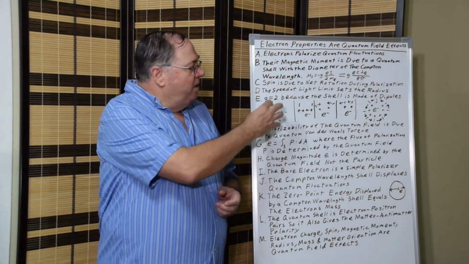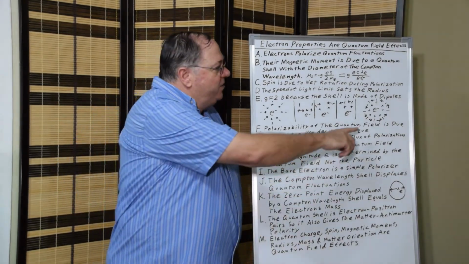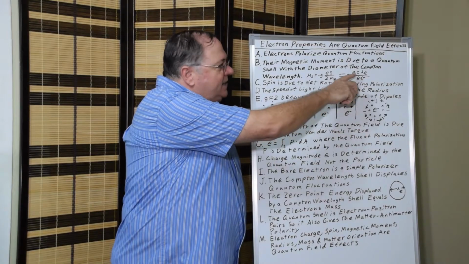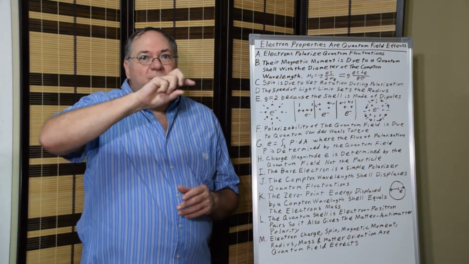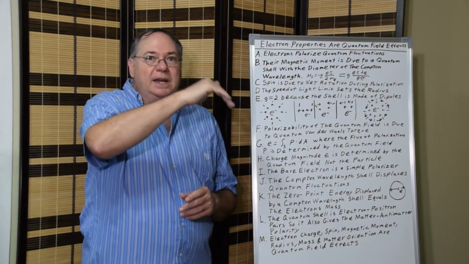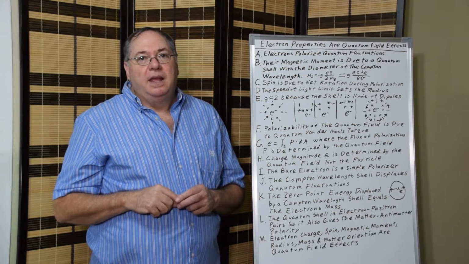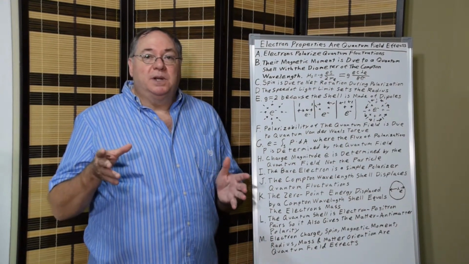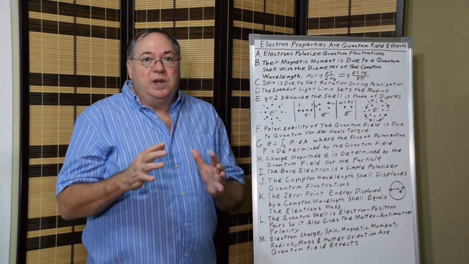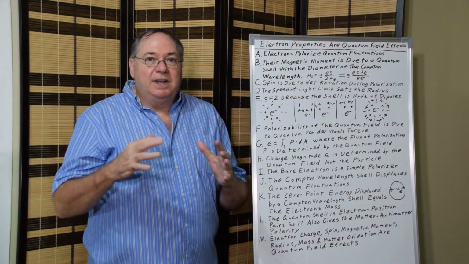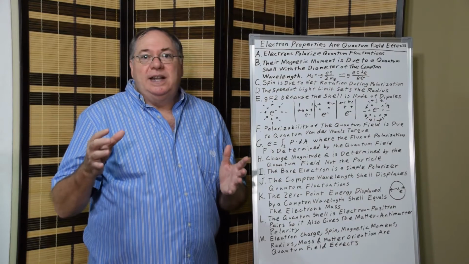I also skipped over when I was talking about the rotation. Note that the rotation is c, the speed of light. That means that these dipoles, when they rotate, have a tip speed around the equator equal to the speed of light. And so, of course, they can't go faster because they're regulated by the rest of the quantum field. So the electron can't get bigger, because if it got bigger and was rotating at the same rate, it would exceed the speed of light.